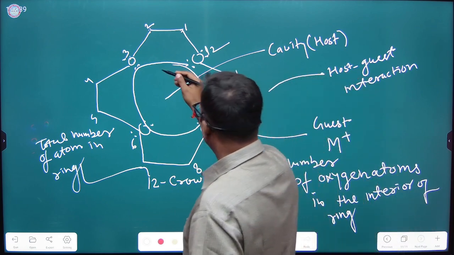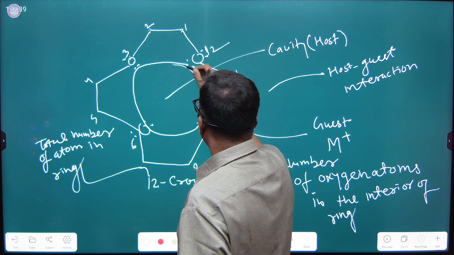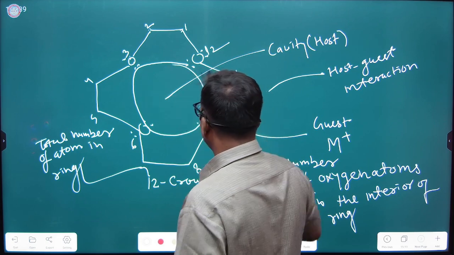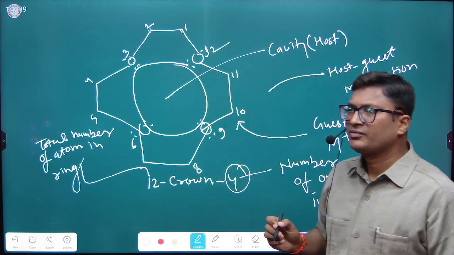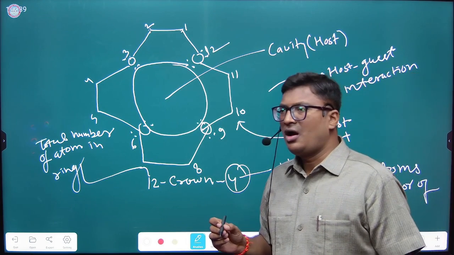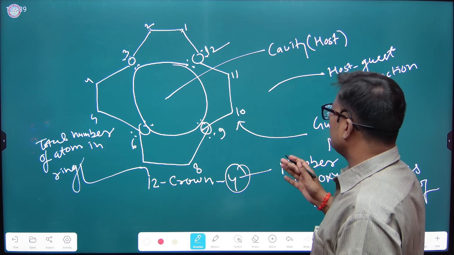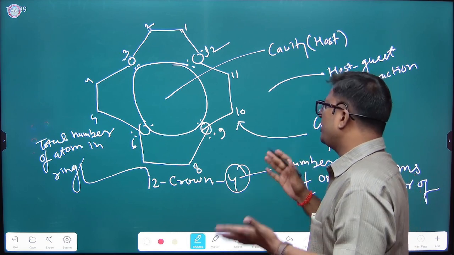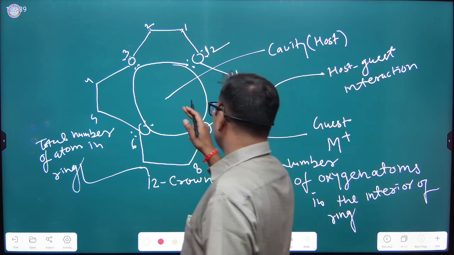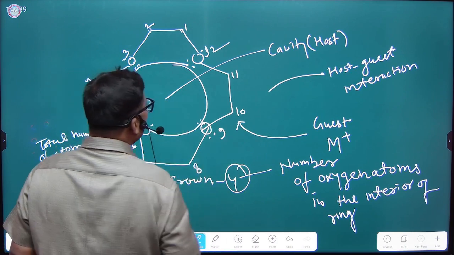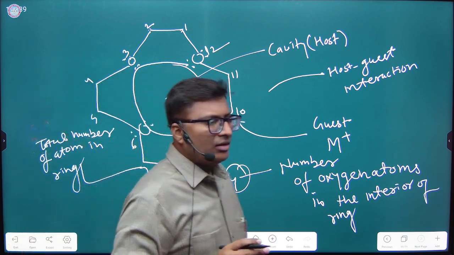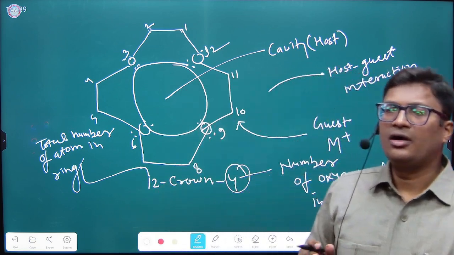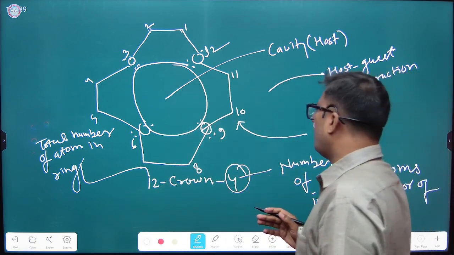Because of the presence of a cavity or hole which can fit a particular sized metal cation in this structure, the resultant complex is called an alkali metal crown ether complex.